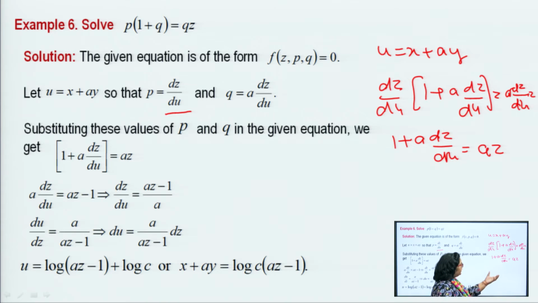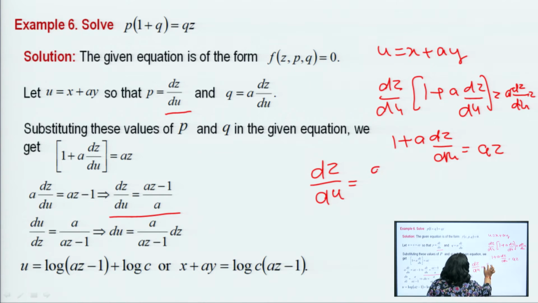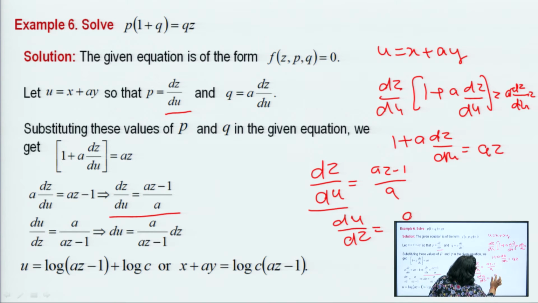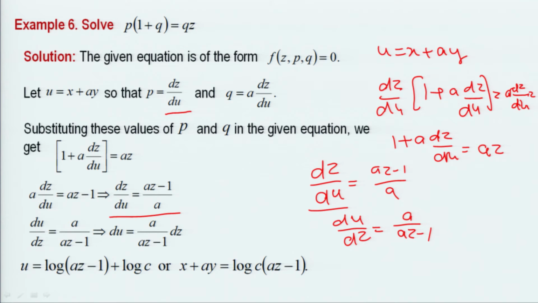We separate the z variable on one side and u on the other. Because we want the solution in the form of u, we can write du/dz = a/(az - 1), so du = a/(az - 1) dz.